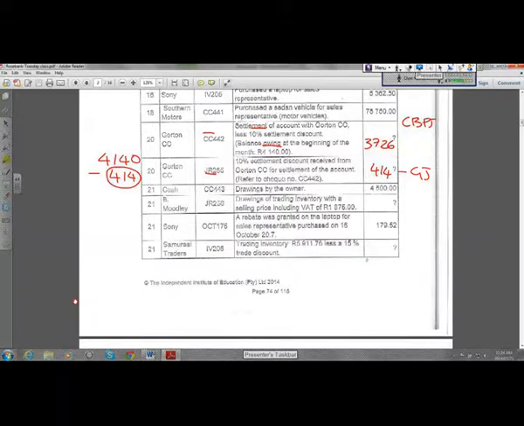All right, drawings by the owner. The owner is taking money from the business, so the business is effectively paying the owner. Remember, drawings is an account used to describe a situation whereby the owner takes the resources of the business for his own personal use.